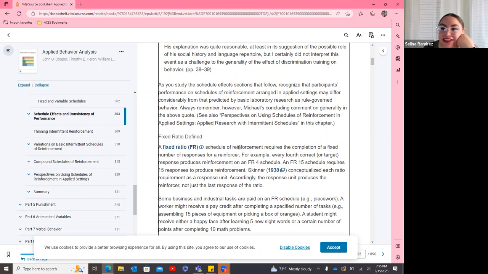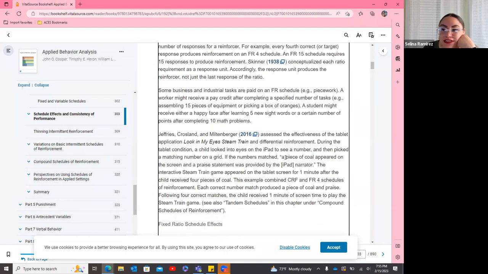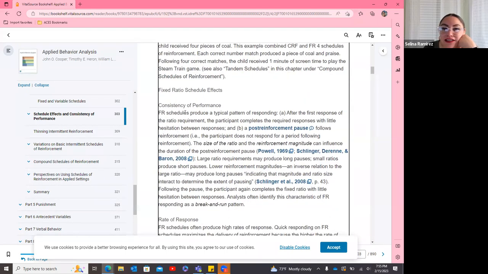Okay, so fixed ratio requires the completion of a fixed number of responses for a reinforcer. So we talked about that one. Fixed ratio produces a typical pattern of responding. After the first response of the ratio requirement, the participant completes the required response with little hesitation between responses, and a post-reinforcement pause follows reinforcement. Oh, that's something you guys need to know, right?